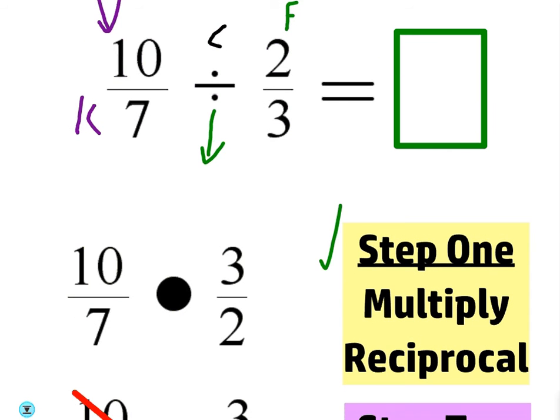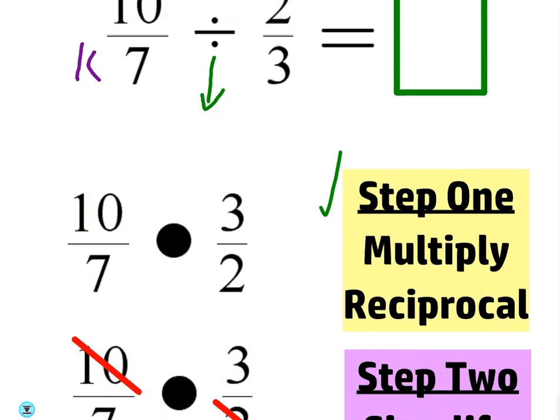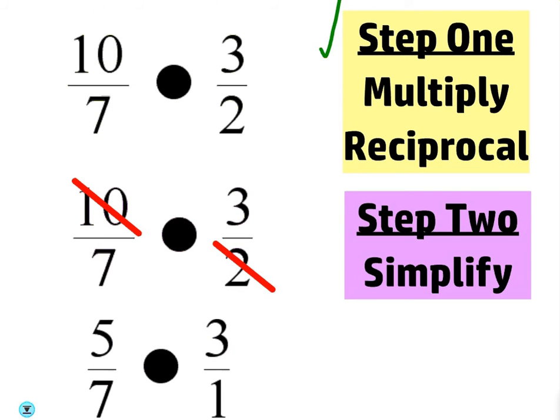So step 1, like yesterday, is multiply by the reciprocal. Then what? What about the 3 and 7? Does anything happen? So what are you cross-canceling? The 10 and the 2, which becomes what? That becomes a 5.